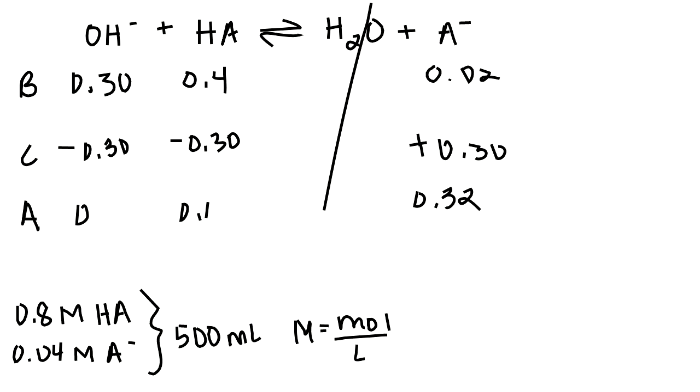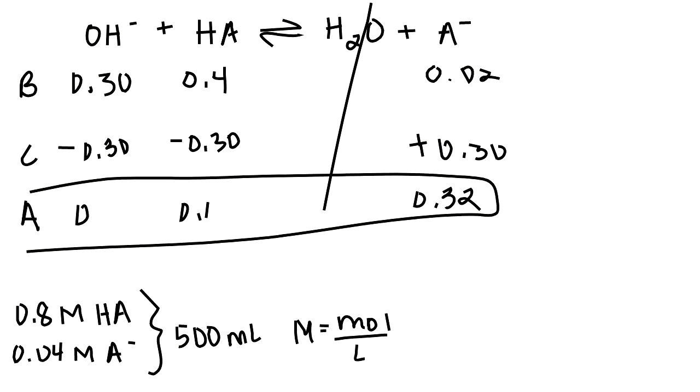0.32. And so now we can figure out what our new pH is by plugging in our afters into the Henderson-Hasselbalch equation. So pH equals pKa. We were given the Ka from the question.